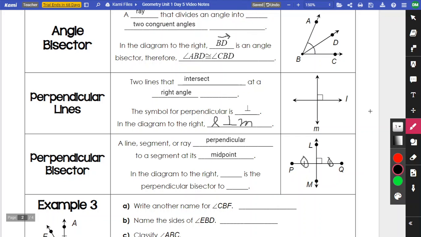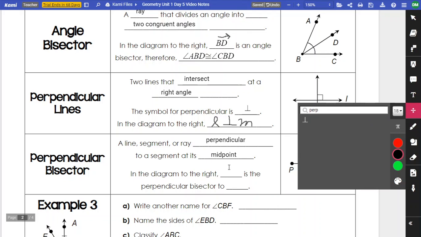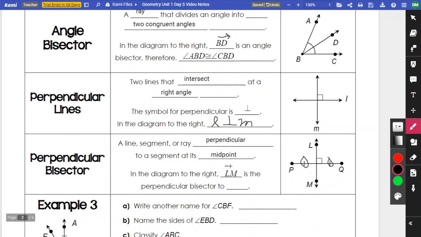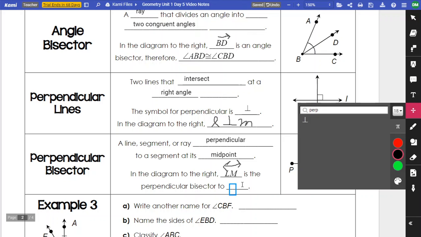So in the diagram to the right, we've got line LM is the perpendicular bisector to segment PQ.